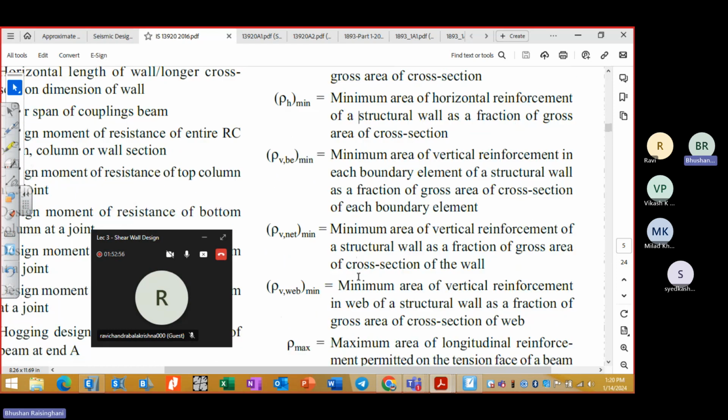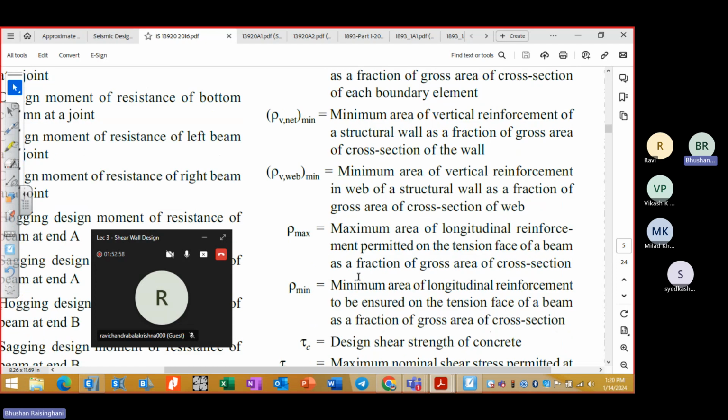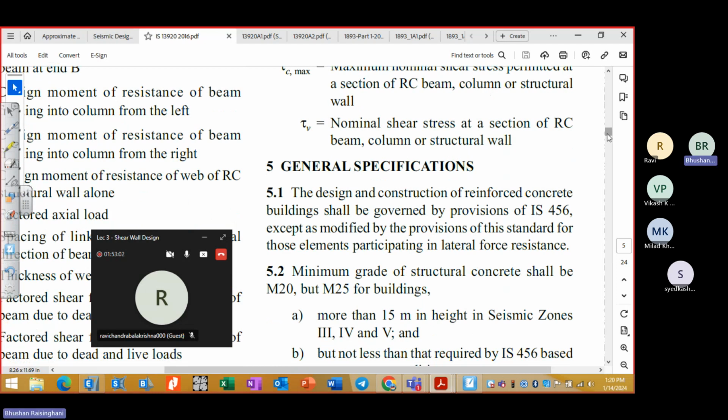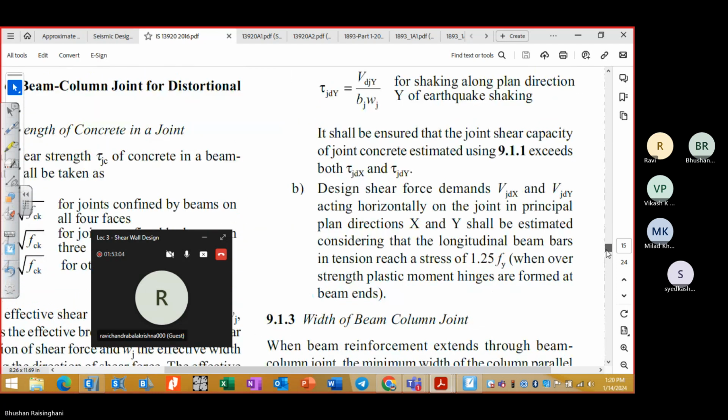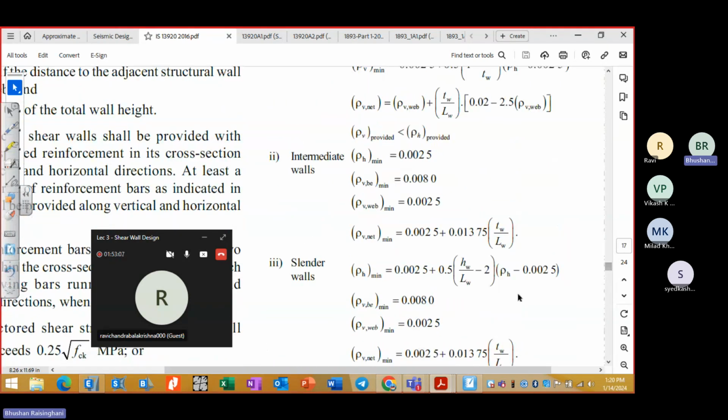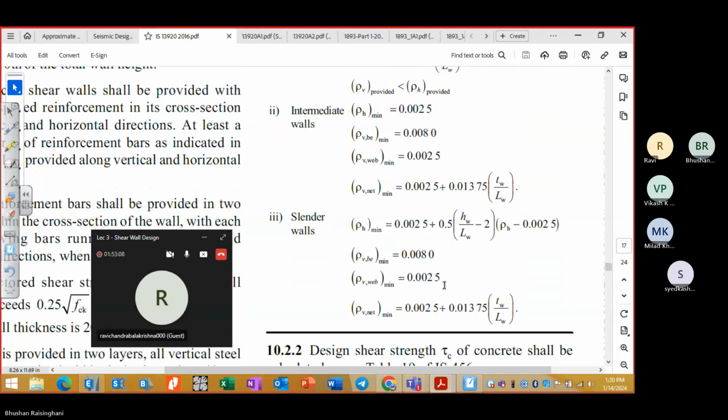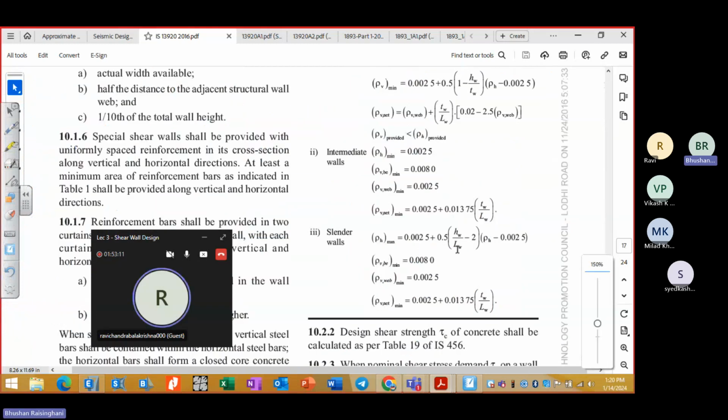I think rho h is not mentioned here. So there are some drawbacks, but if you are referring to that, for slender walls, yeah.